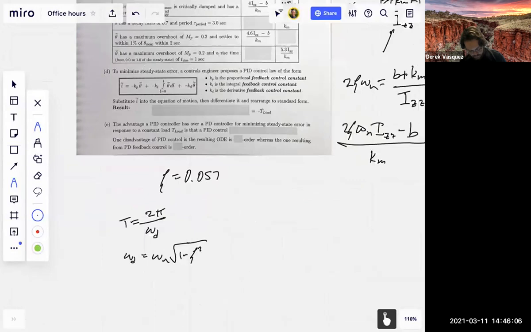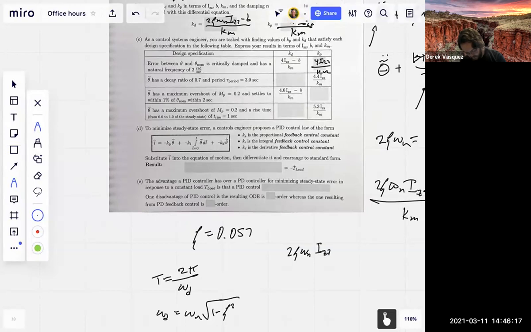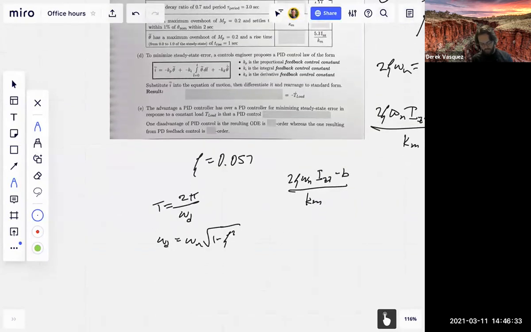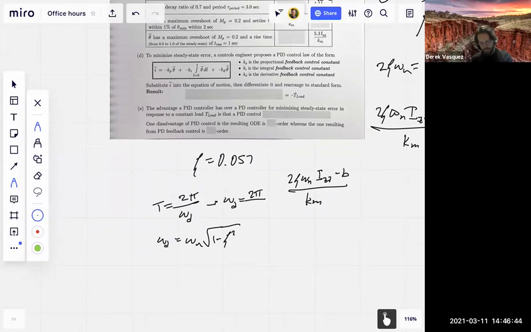So our Kd is equal to zeta omega n IZZ minus B over Km. So zeta is 0.057. Omega d, I got 0.9983 for omega d.